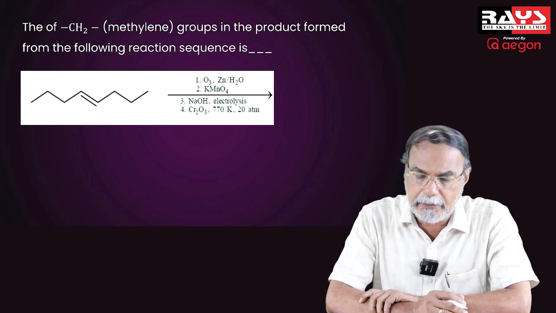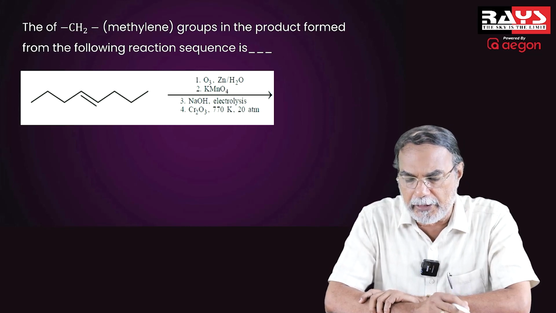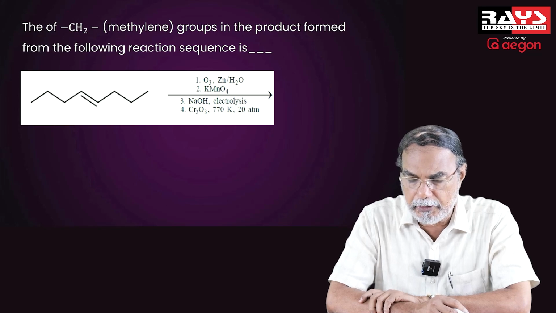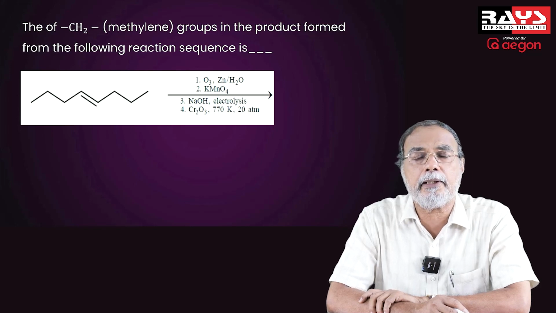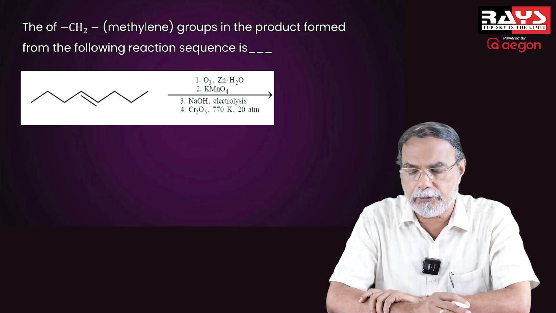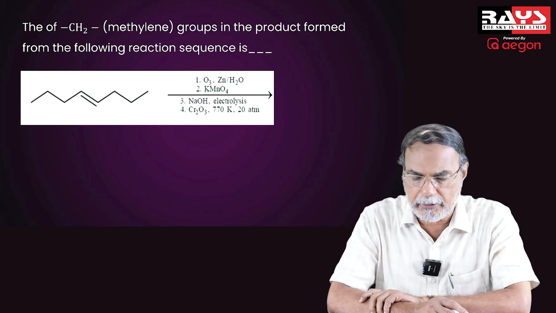Okay, and then this compound is subjected to a series of reactions. And what are the reactions one by one? The first reaction is ozone, followed by treatment with zinc dust and water. The two things together mean the ozonolysis reaction.